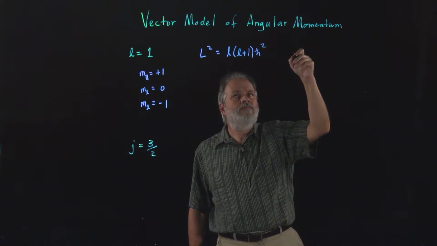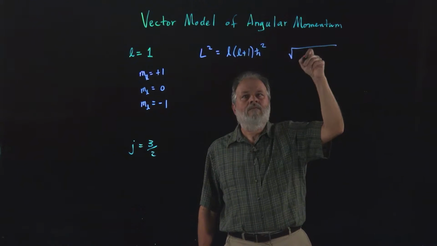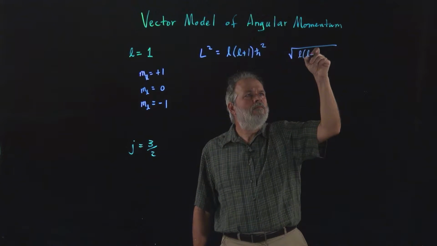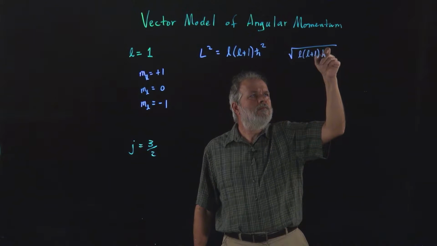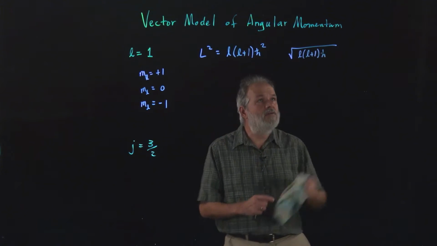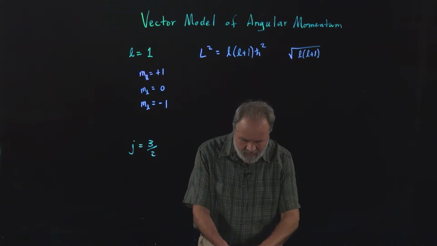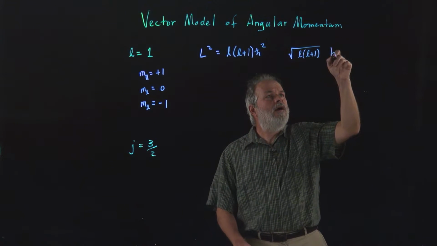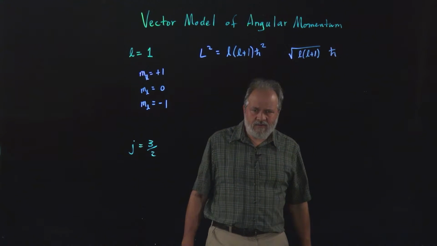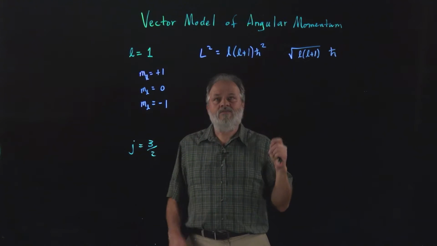So the square root of h bar squared is h bar. Okay, so that's going to be the length of the vector that we're going to draw in space.